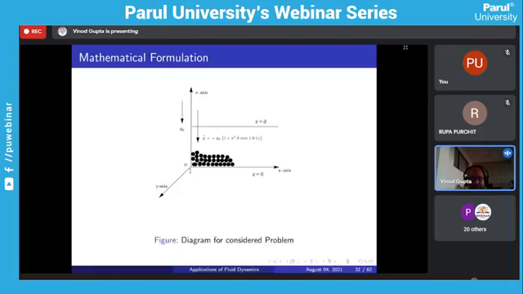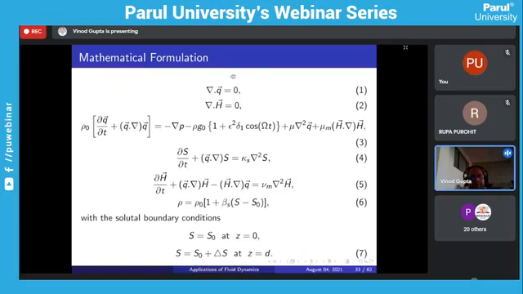So in this situation, our governing equations will be these. First, the equation of continuity, del dot vector q, because we have assumed that the fluid is incompressible. Then the equation of continuity takes this form. This is corresponding to the magnetic field, vector H denotes the magnetic field, del dot vector H equals zero.